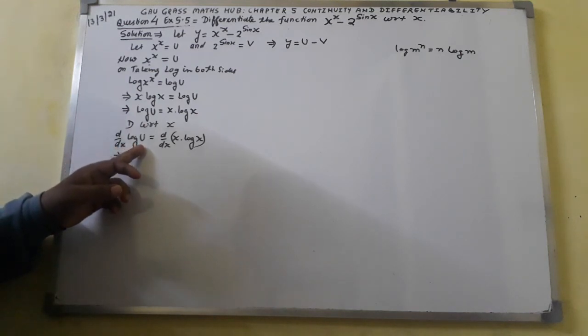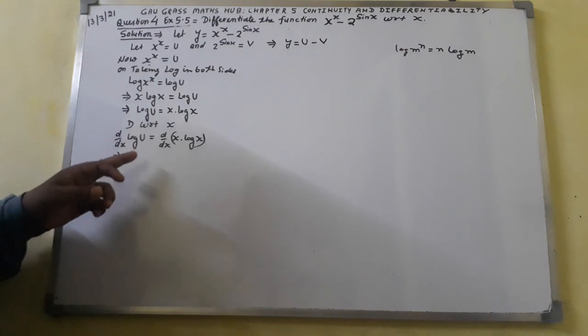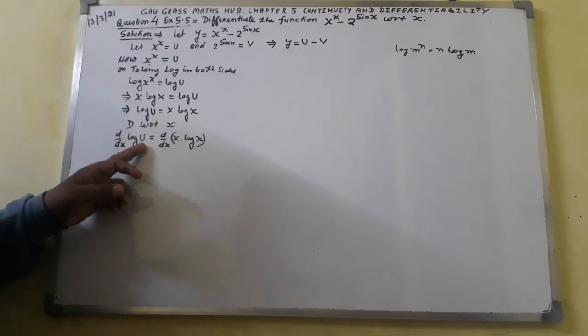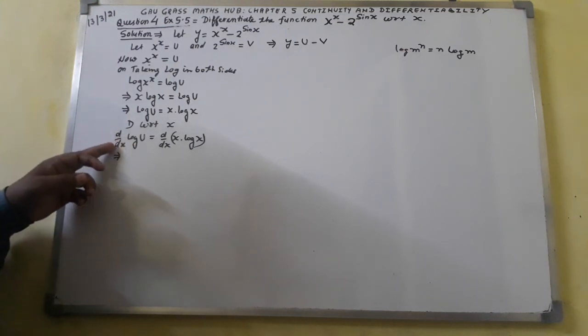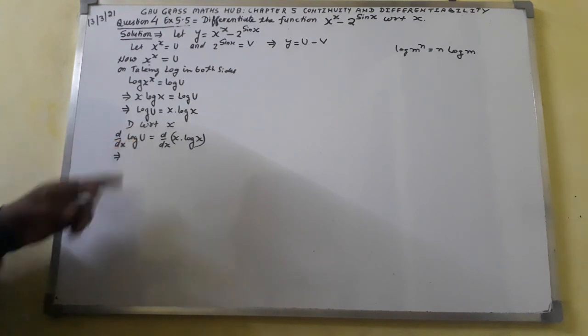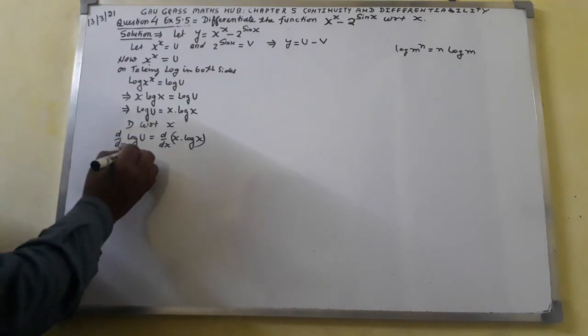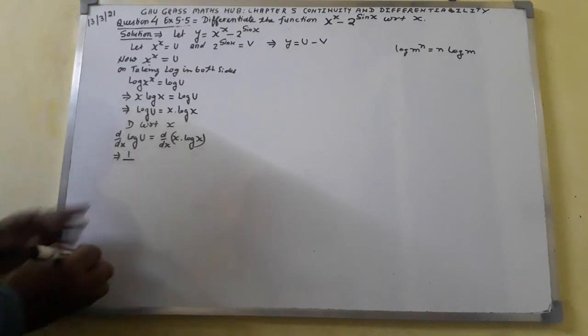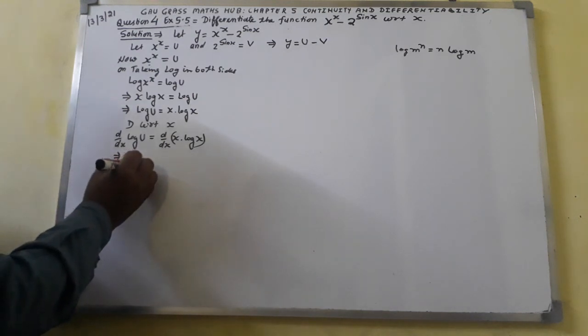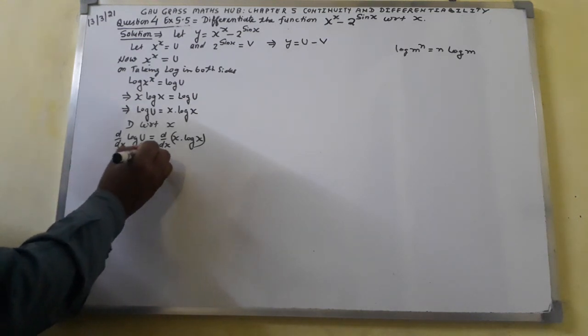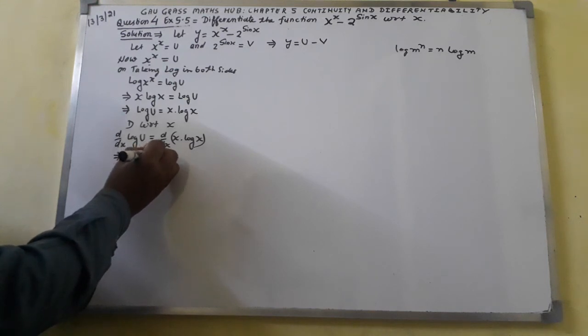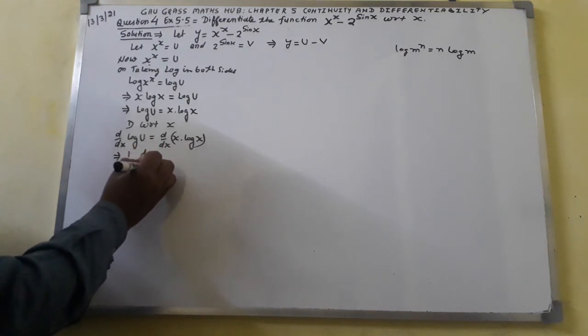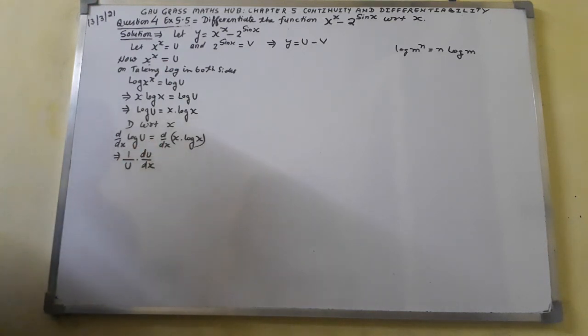Here in place of u, if you put log x, in place of u, if you put x, the d over dx of log x comes out to be 1 over x. In place of x, I shall write here u multiply to du over dx. This thing you will get.